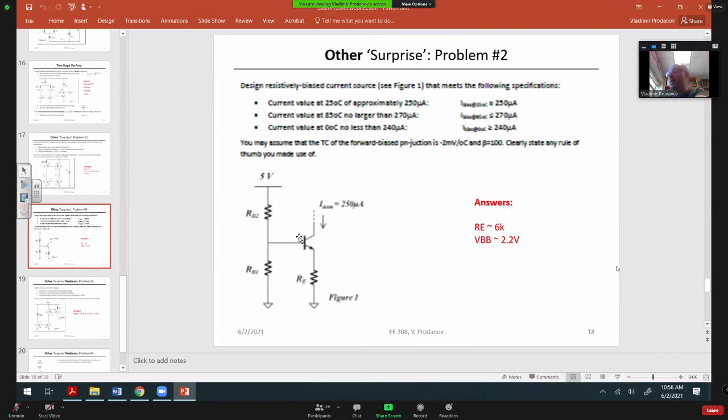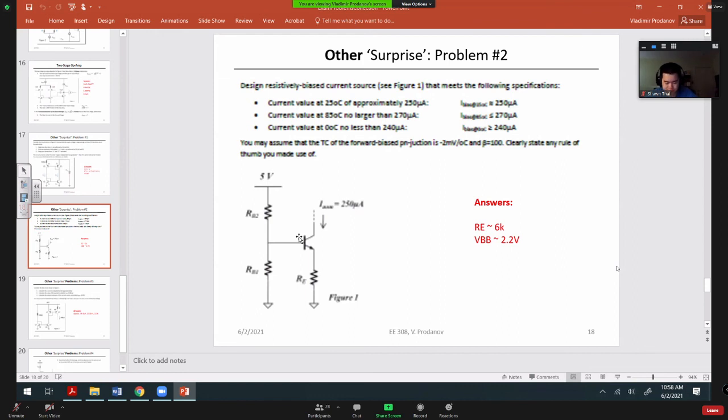What's the VBE for that particular temperature, 85 degrees C? Is it 0.58? I think so. 0.58 is what I also have. Can other people confirm? That's what I have too.